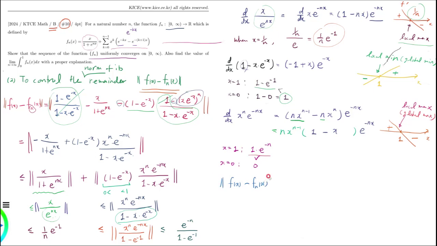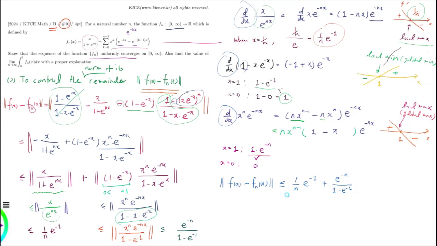So through the triangle inequality and taking the derivative to figure out its local maximum or local minimum, what I have is the norm of this remainder part is equal or less than 1 over n times e to the minus 1 power plus e to the minus n power over 1 minus e to the minus 1 power here.